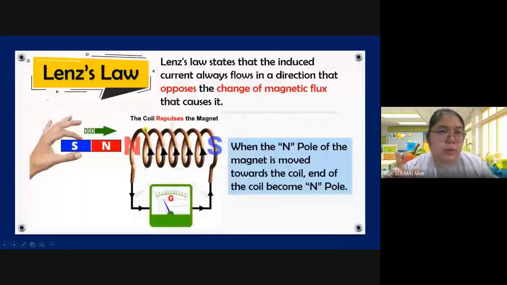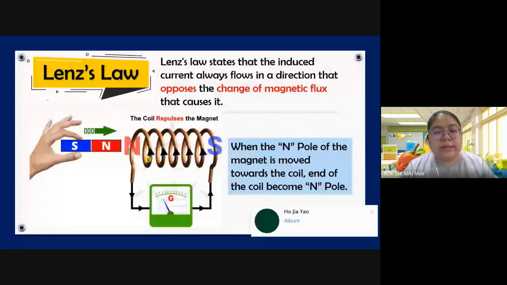Okay, what is the opposing force? It means you want to come in, and I don't let you come in. This one we call the opposing force, so this is a repulsive force. If you put north in and here is south, that means you come in already, because north and south attract. So from here, they will automatically produce a repulsive force.